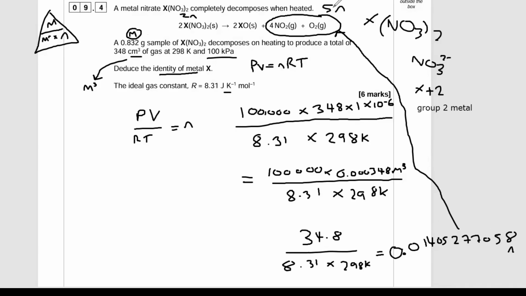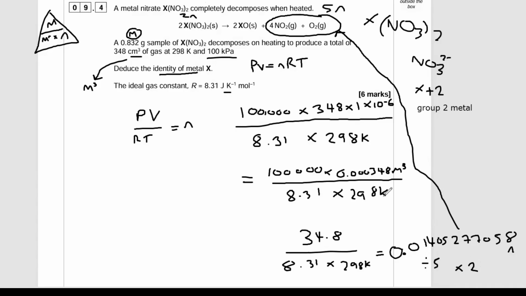Now check the coefficient. If you had 5 moles of that, you would have 2 moles of that. Now, what you can do is just divide it by 5 times by 2, and that is going to give you the moles of your mystery nitrate. Essentially, by dividing it by 5, you're turning it into your moles of oxygen, and then timesing it by 2, because the ratio of the oxygen to that is 1 to 2.